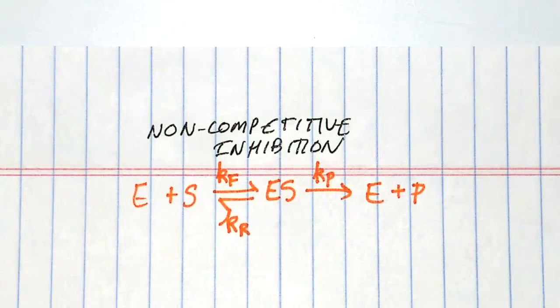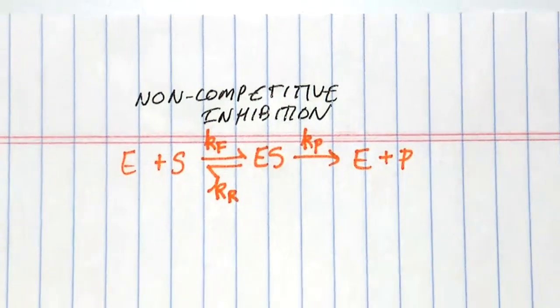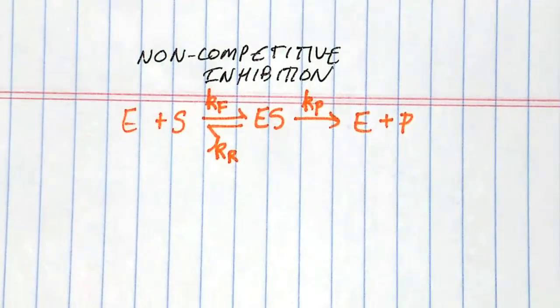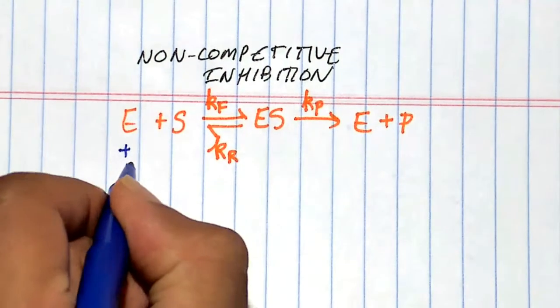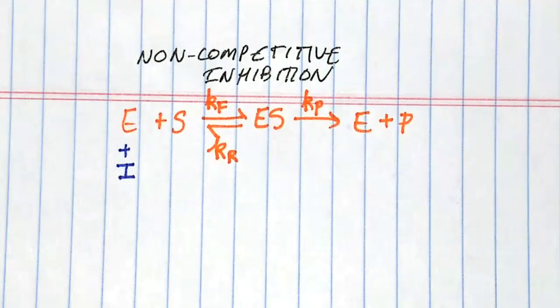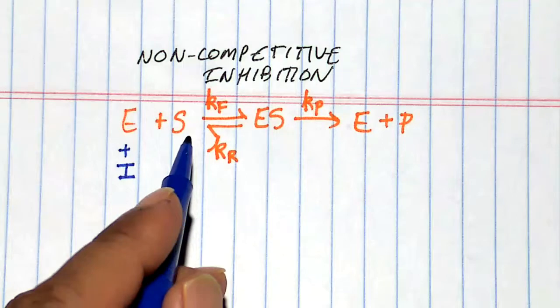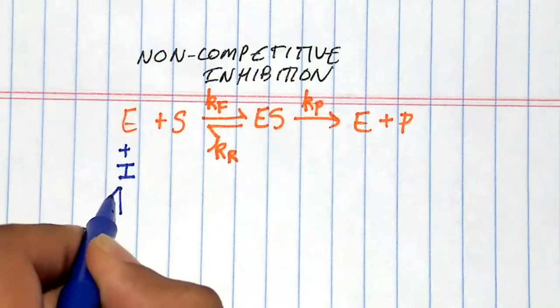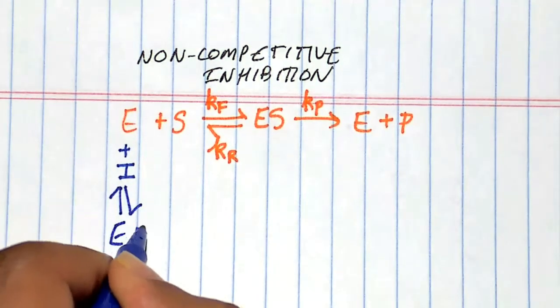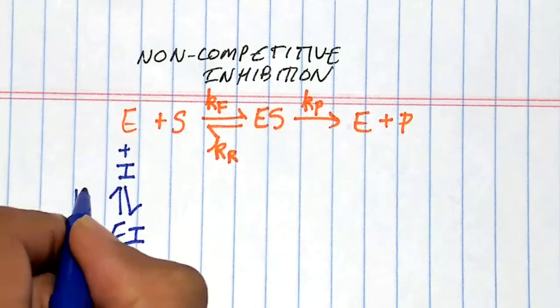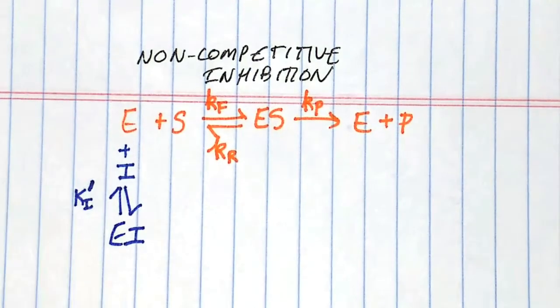All right, so just as a review, we talked about competitive inhibition, where the enzyme will have to compete for its active site binding to either substrate or to the competitive inhibitor. This has a dissociation constant Ki. That was our first example, if you remember.